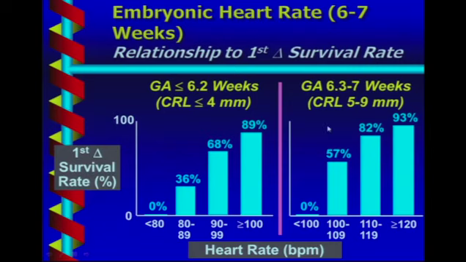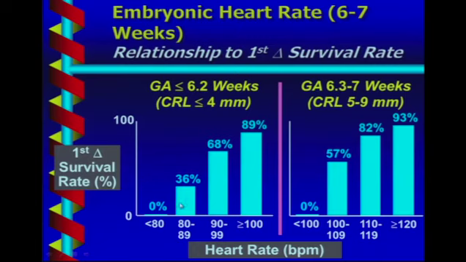And as you can see, very early on, up to about 6.2 weeks or crown rump length up to 4 millimeters, when the heart rate is less than 80, there's virtually no chance that the fetus will survive till the end of the first trimester.